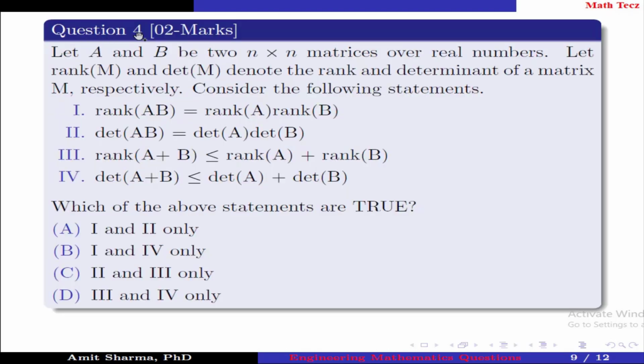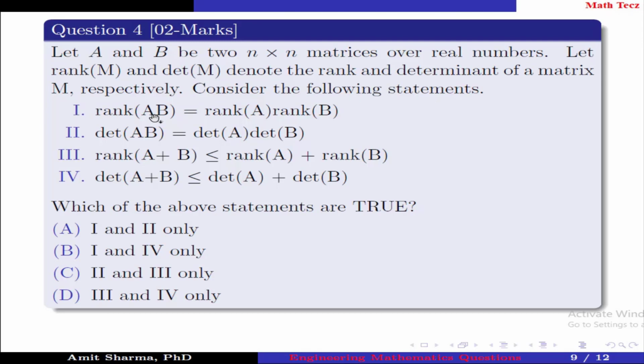Question number 4, containing 2 marks. Let A and B be two n cross n matrices over real numbers. Let rank M and det M denote the rank and determinant of a matrix M respectively. Consider the following statements.